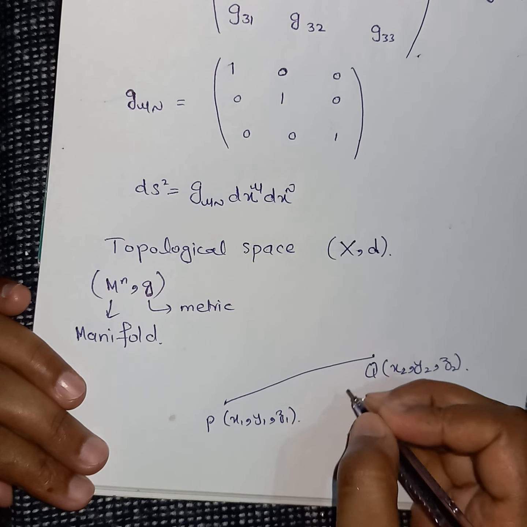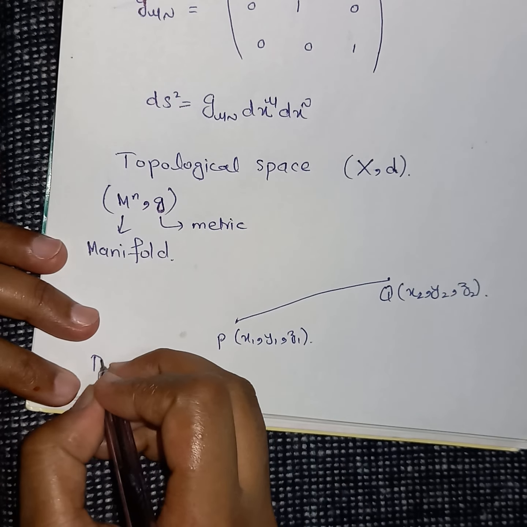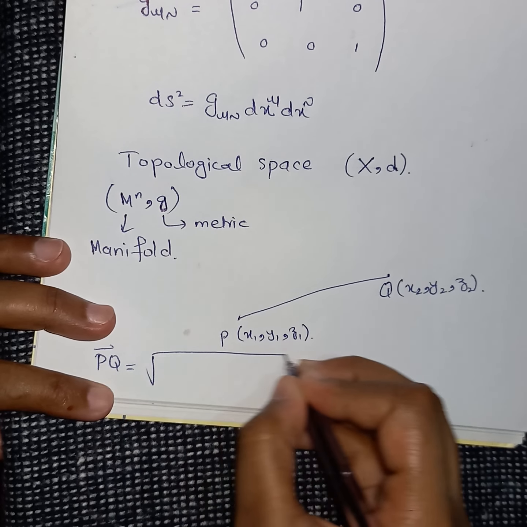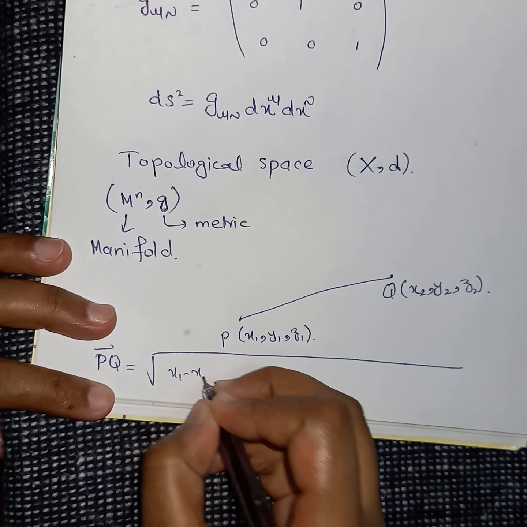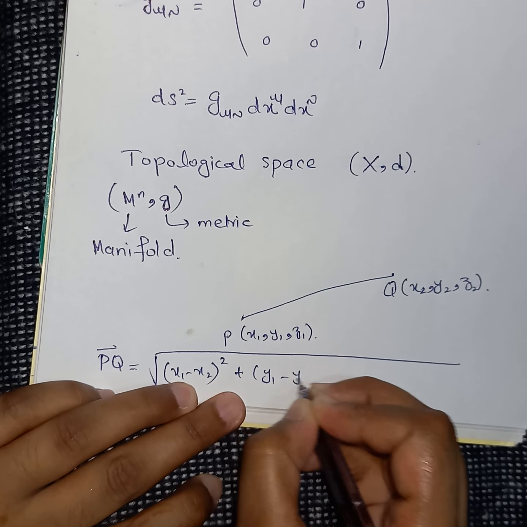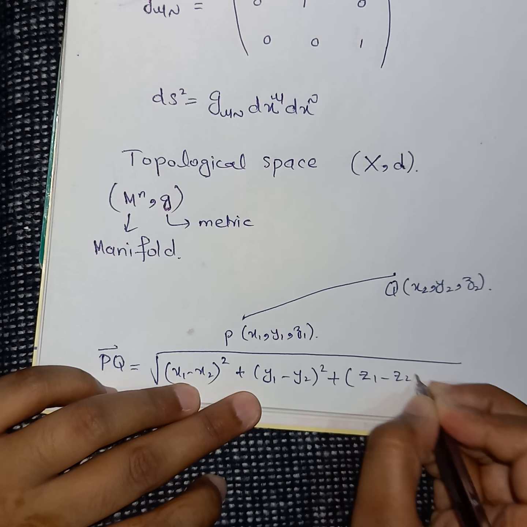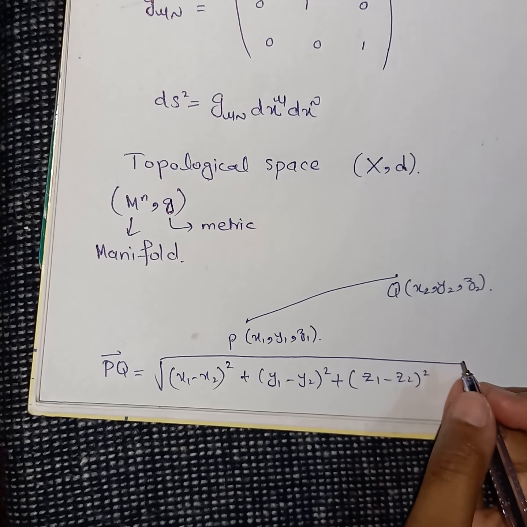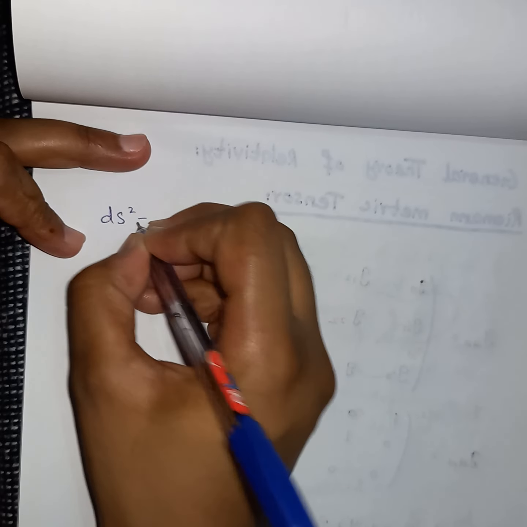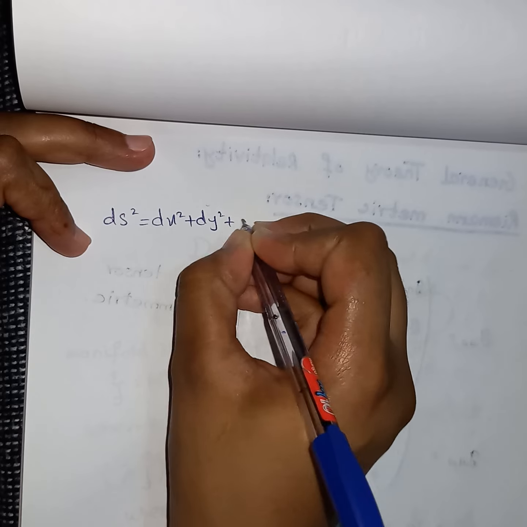Now if we want to find the distance between these 2 points, then the formula is very simple and straightforward, that is equal to the magnitude of vector PQ, which is the square root of (x1 minus x2) square plus (y1 minus y2) square plus (z1 minus z2) square. And also its line element can be written as ds square is equal to dx square plus dy square plus dz square.